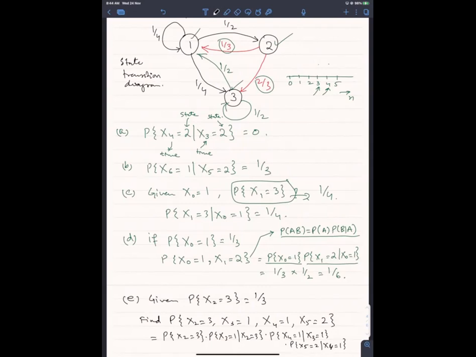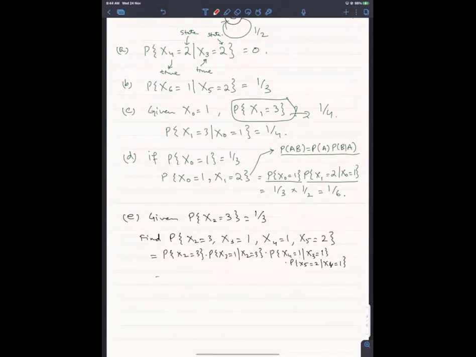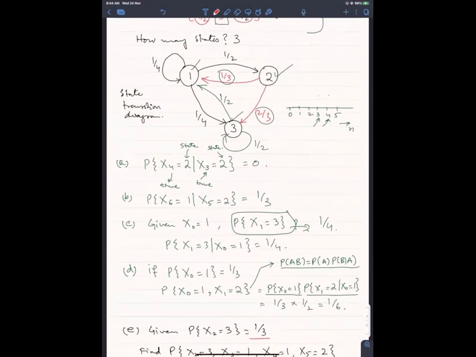So see, all the probabilities are given to you. This is the probability of x2 is equal to 3, given to you as 1/3, into x3 is equal to 1 given x2 is equal to 3. So you have 3 here and x3 is equal to 1.